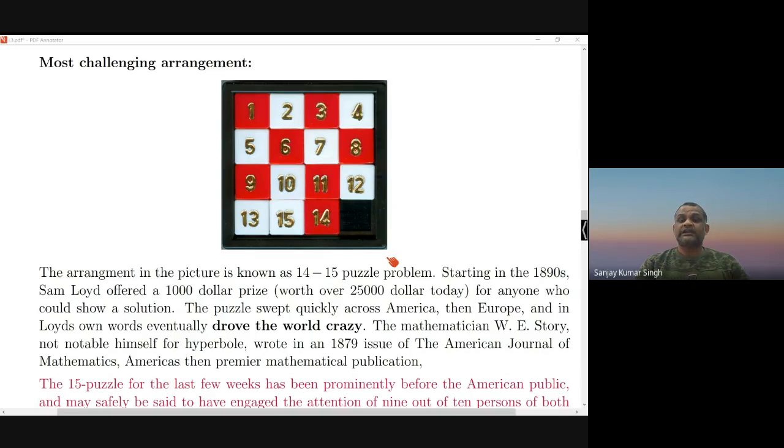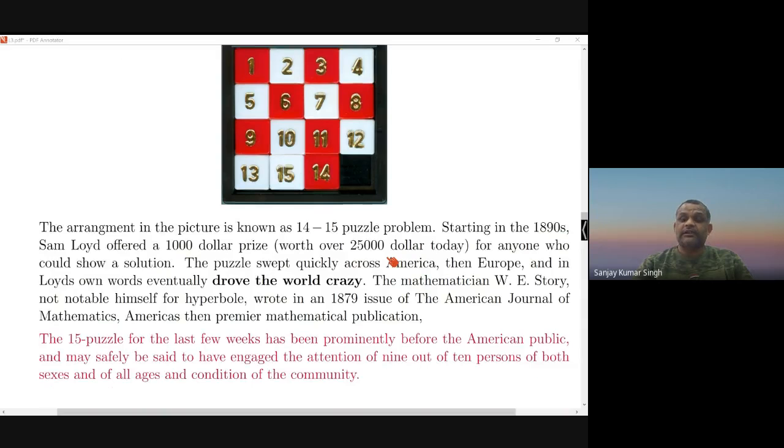Starting in the 1890s, Sam Lloyd offered $100,000 for solving this puzzle, which at that time was worth approximately $25,000 today. He said if anyone can solve it, they can take that prize.